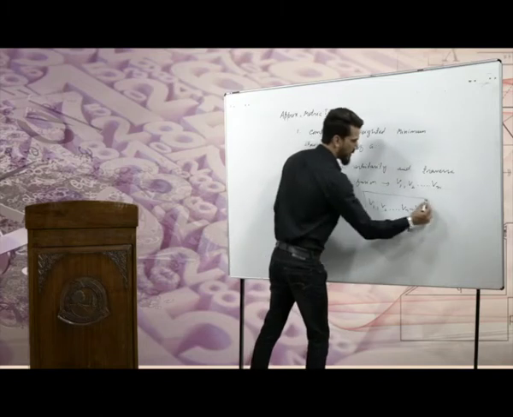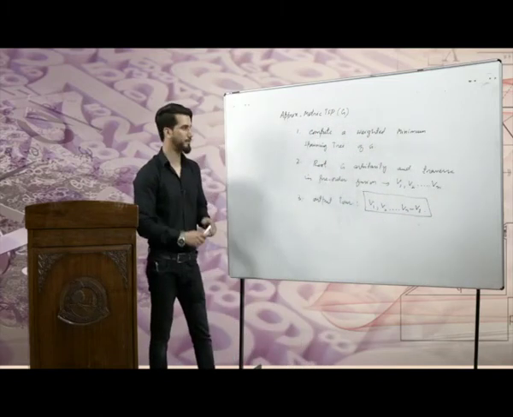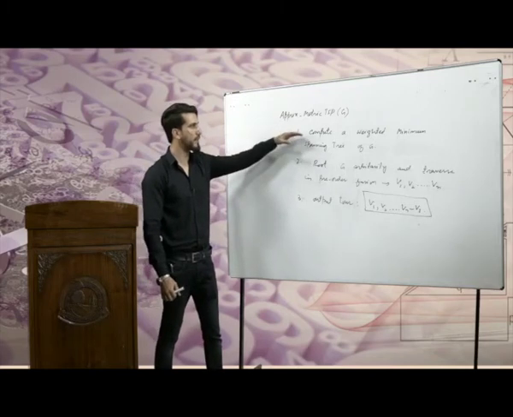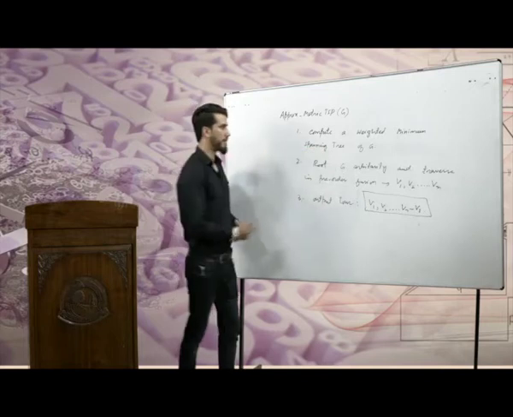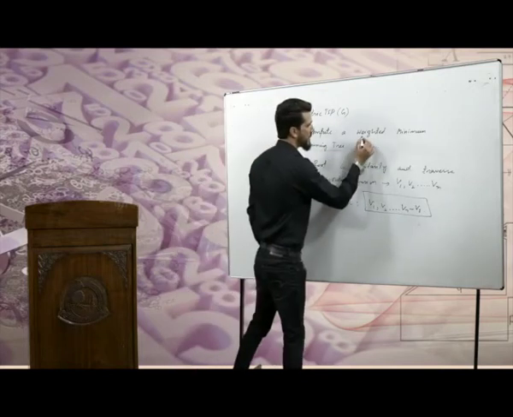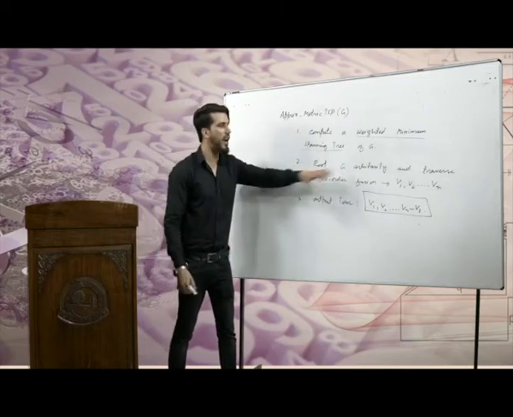This will be our tour, the tour for the traveling salesperson. We start with computation of a weighted minimum spanning tree of graph G. This is a new term and we'll define it in a while. Then we'll root G arbitrarily.